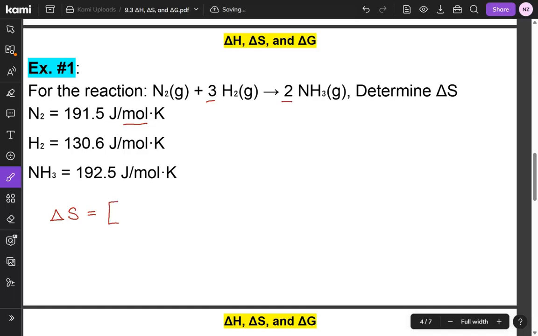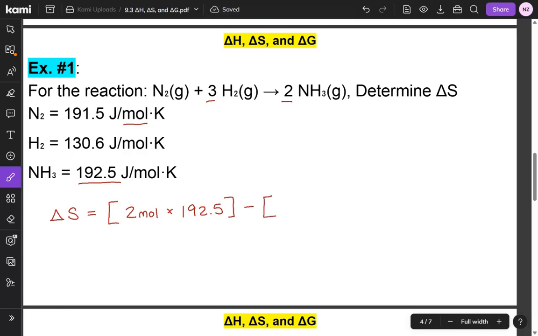Our products are NH3, so we have 2 moles, and we're going to multiply that by its value, which is 192.5. I'm going to leave my other units off here. It's going to get a little crowded. Then we're going to subtract the reactants.